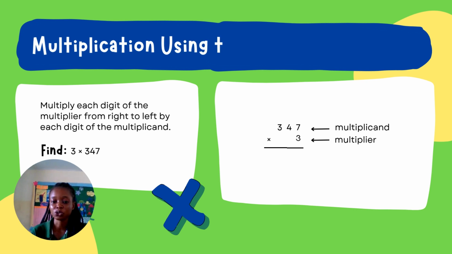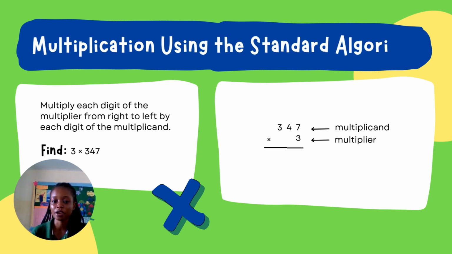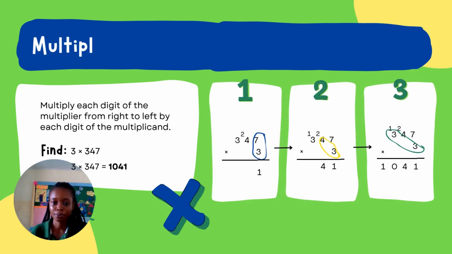The next way we can do it is to use the standard algorithm, which we are all very familiar with. We multiply each digit of the multiplicand by the multiplier from right to left. As you can see on your screen, we have 347, which is the multiplicand, and then we have 3, which is the what? Multiplier. This is how you arrange them when you are using this method of multiplication.